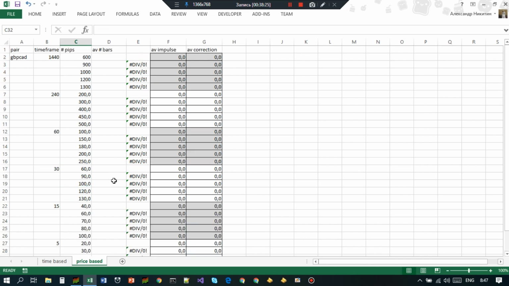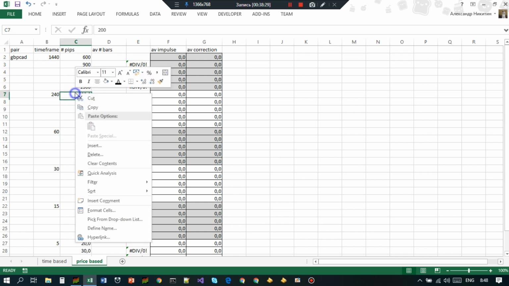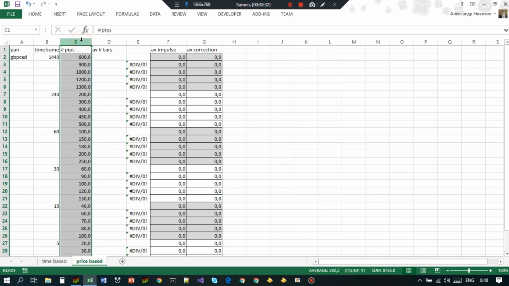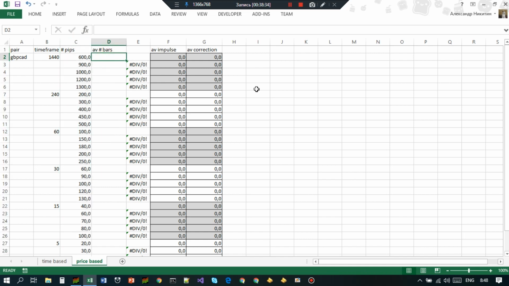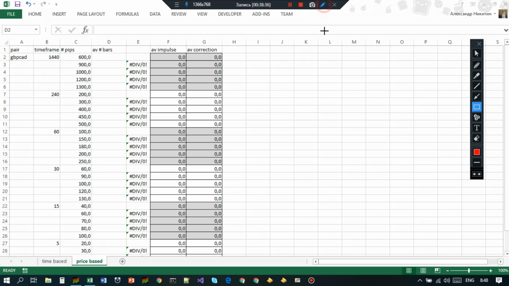Okay, so what are the pips-based reversals? It is a very, very simple idea. Let me format that and place it here. Imagine that you have a swing moving to the upside, and then price starts moving to the downside, and when the price range is, for example, 600 pips, then the swing is fixed.